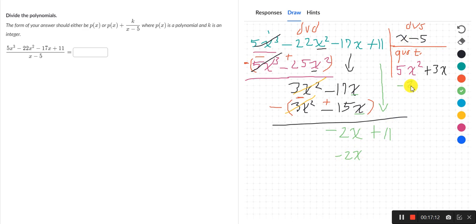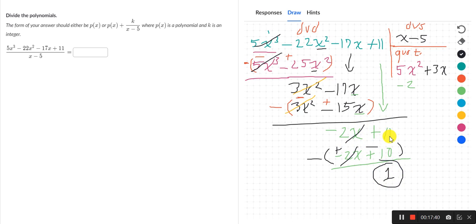And negative 2 times negative 5 is positive 10. So here we change the signs. So this will cancel out, and this 11 minus 10 is 1, positive. So it has a remainder of 1.